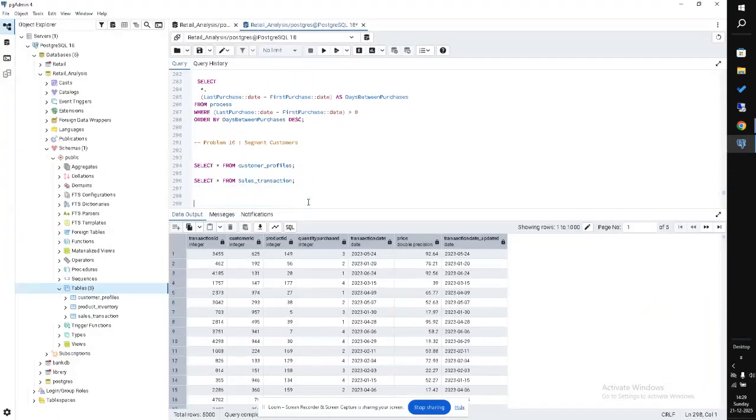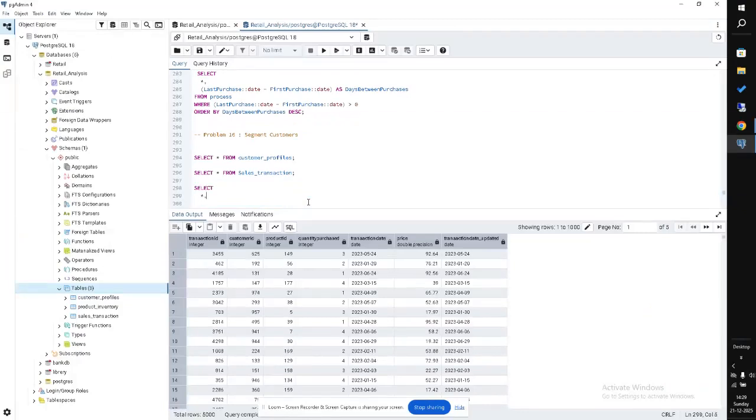So we will go here and I will select star. Okay, no, select star is not required.